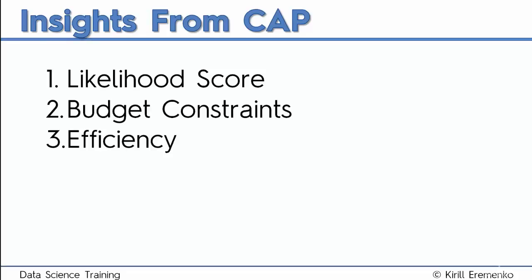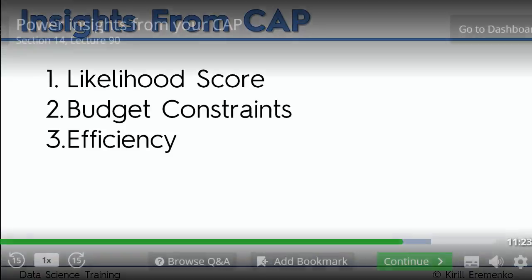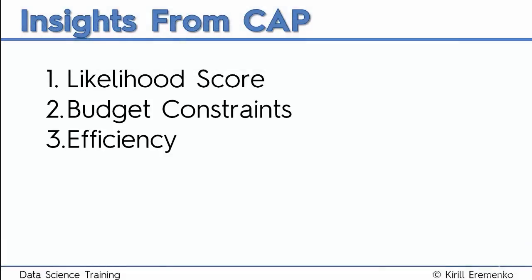Sometimes you won't even have budget constraints, but creating a model and building a cap curve will help you increase efficiency in terms of understanding where to stop, when to draw the line of who you want to contact, who you don't want to contact. And this doesn't only have to do with contacting people and in customer related companies. This can be in any type of organization where you're creating this model. It will help you understand where to draw that line.